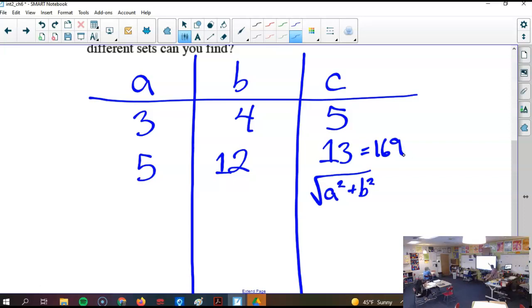So we could think about perfect squares, but what would they have to be? The C perfect square would need to be the sum of the A and B squares. It's the Pythagorean theorem. But you can't define a word with the word. Exactly. So we're trying to create a system to find more Pythagorean triples.